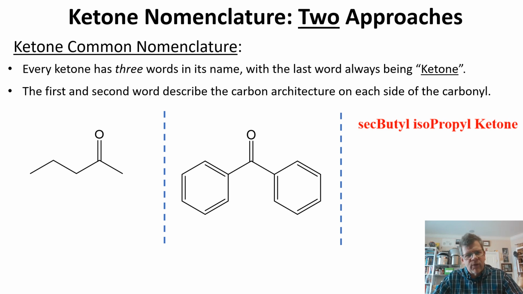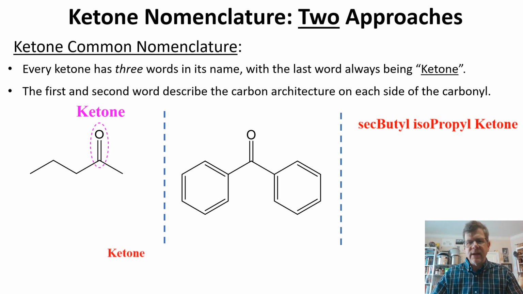Look at the structure over on the left now, and I'm going to analyze that and say that is a ketone. I know it's a ketone because I have a carbonyl which is flanked on both sides by some type of hydrocarbon. So that is my diagnostic ketone structure. So on the structure over on the left, I'm going to say, okay, that's a ketone.